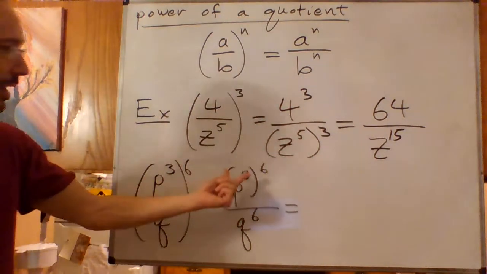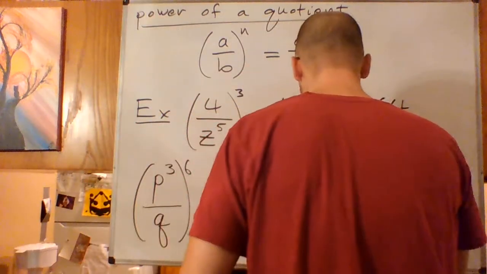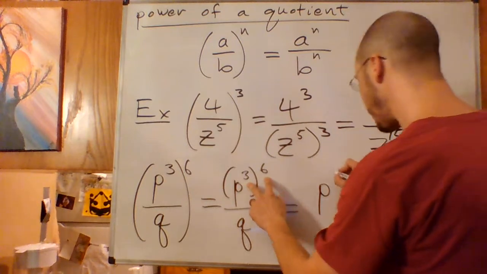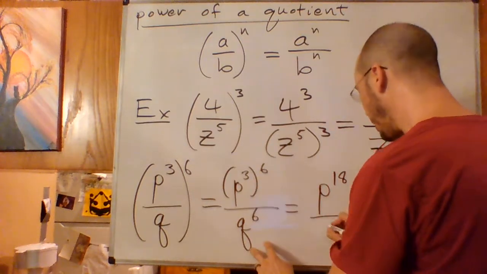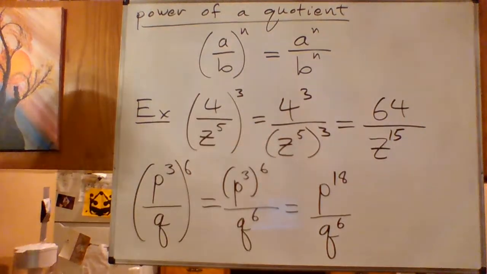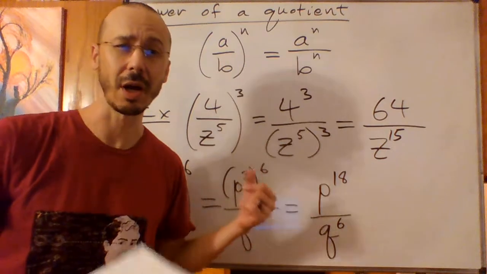And now, again, I have a power of a power. I need to use the power rule, multiply those two. P to the 3 times 6 is 18. And Q to the 6 is just Q to the 6. And so this is what's considered the simplified form for this one.